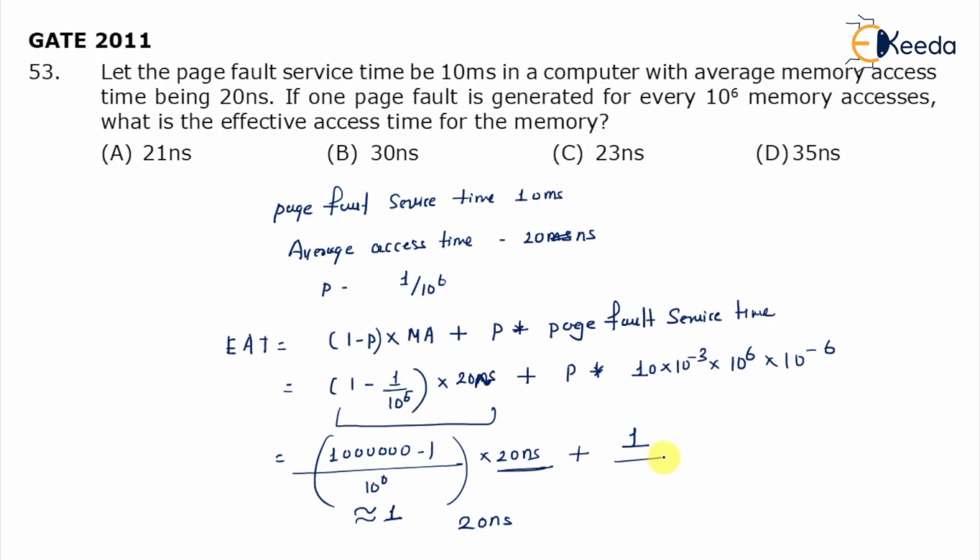The other side will become 1 over 10 to the power 6 times 10 into 10 to the power minus 3 into 10 to the power 6 into 10 to the power minus 6, which becomes 10 nanosecond, and the total becomes 30 nanosecond. This is an approximate answer, and we'll go with option B.